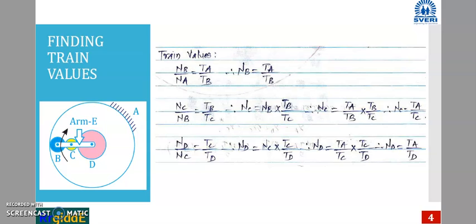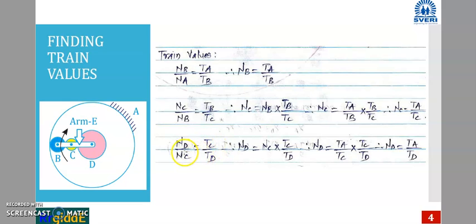Now, by putting the speed of B that we got in the previous step, we get NC is equal to TA upon TB into TB upon TC. This TB gets cancelled. We get NC is equal to TA upon TC.